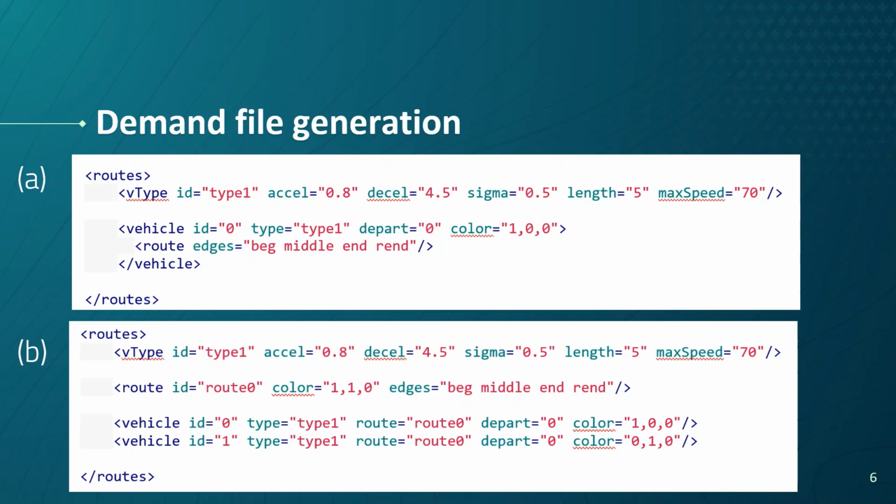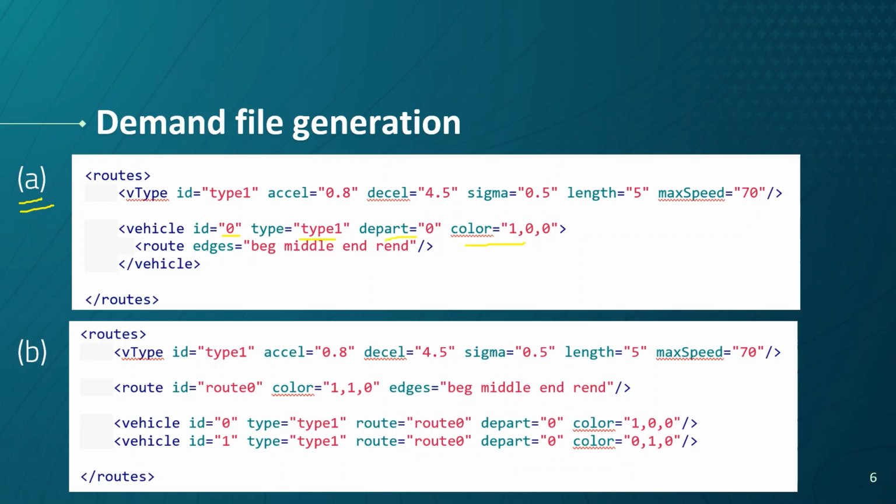For the simulation of persons which walk around or ride in vehicles, additional definitions are necessary. As shown in route file A over here, we can define a vehicle with a route that belongs to it. By giving such a route definition to SUMO, it will build a red vehicle of type 1 named 0, which departs at time 0.